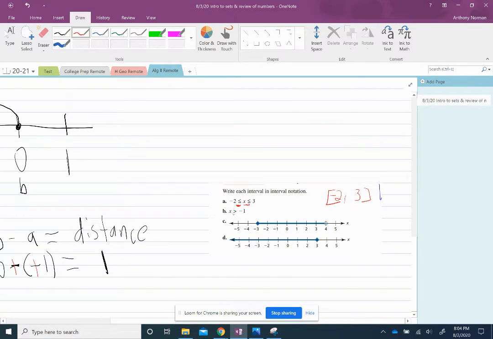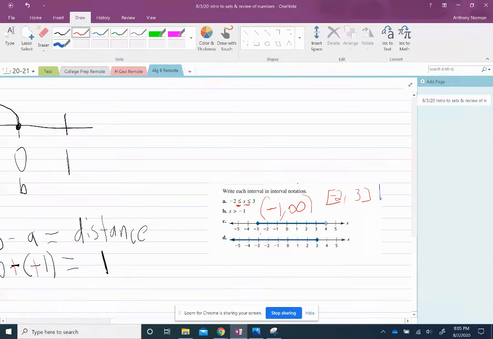X is greater than -1. So we have -1, and X is going to be bigger. Does it say how big? It doesn't stop, which means it's unbounded. Since this has no equal to, it's a parenthesis. Nothing can equal infinity, so another parenthesis.